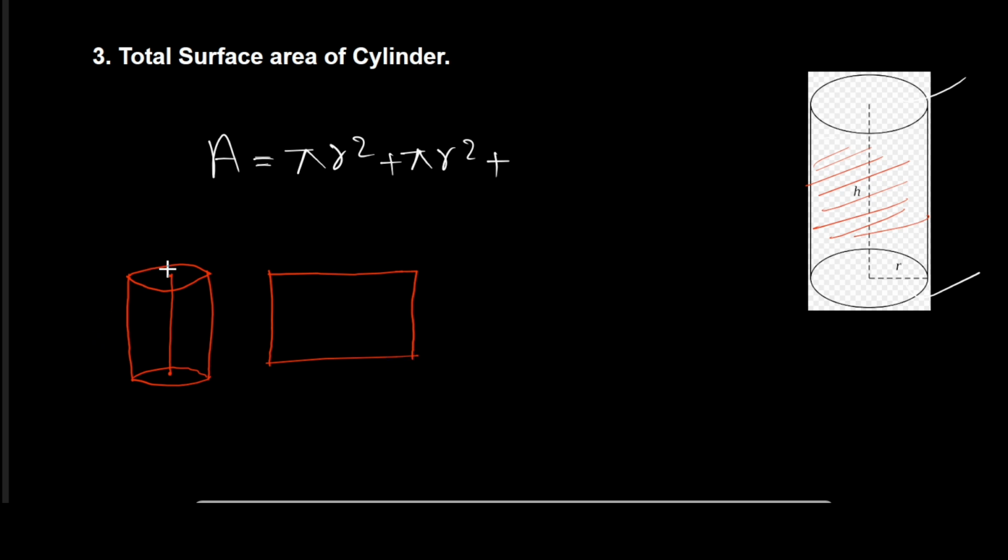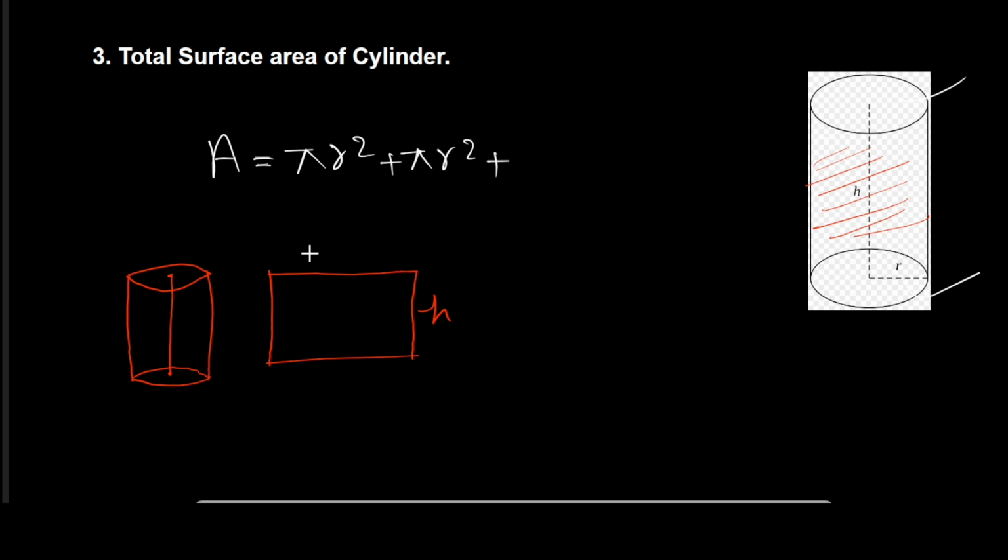Suppose that we cut this cylinder from the center and roll it out. It forms a rectangle. The width of this rectangle is the height of the cylinder, which is h, and the length of this rectangle is the circumference of this cylinder.